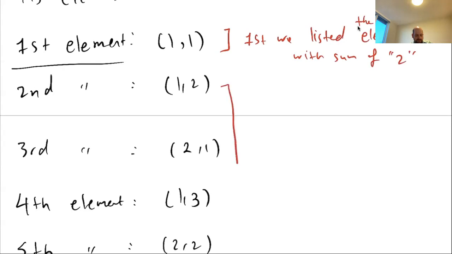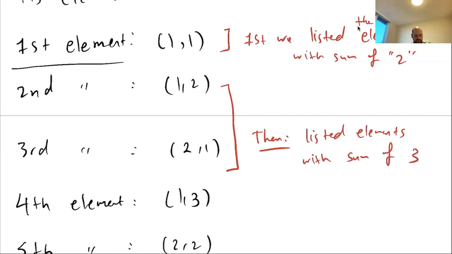Then we looked at the second and third, listing elements with sum of 3. (1, 1) has sum 2; (1, 2) and (2, 1) are the only elements which have sum of 3.